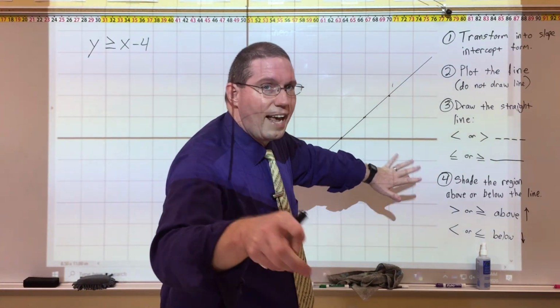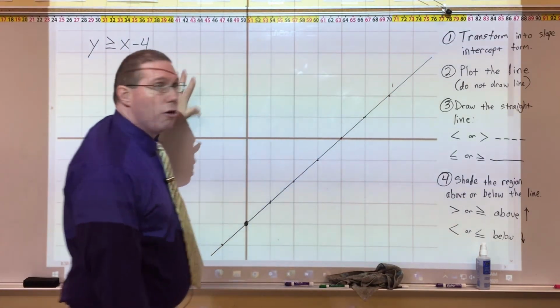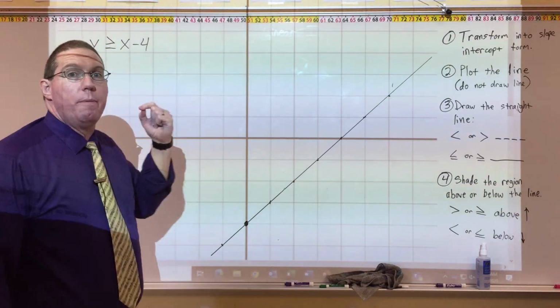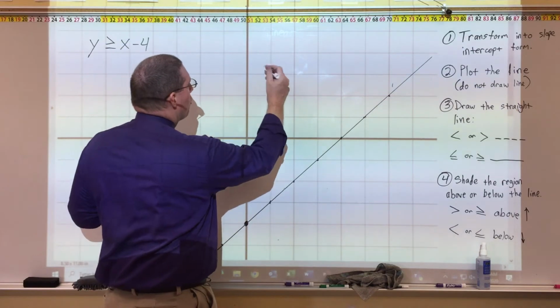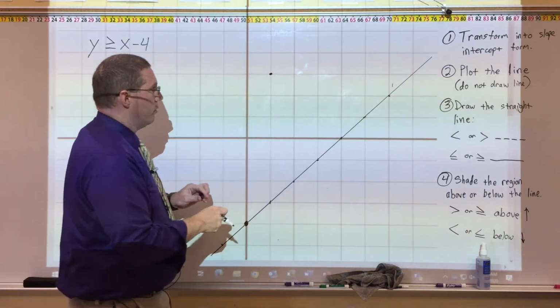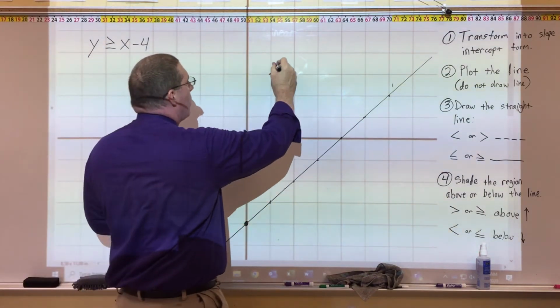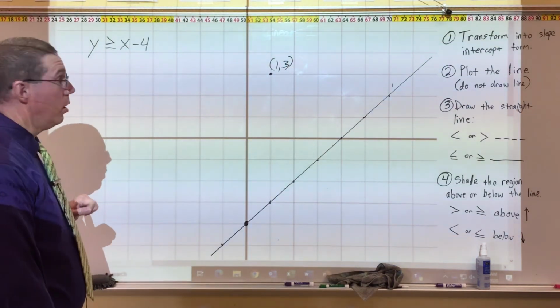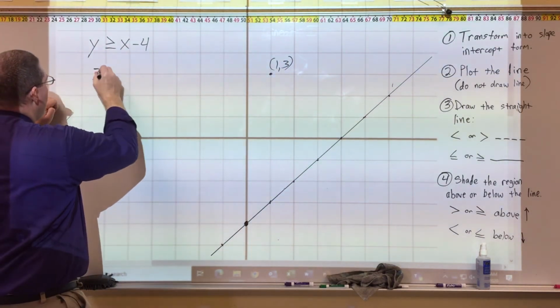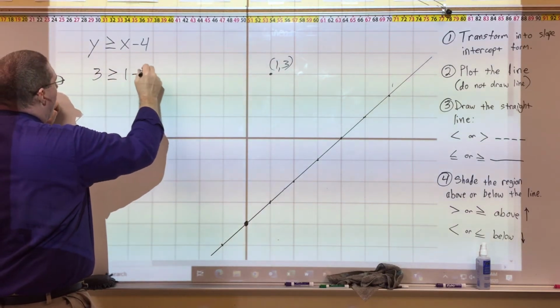So if you take any point up here and plug it in, it would make it true. For example, how about the point (1, 3)? It's in the solution region. If we put a 1 in for x and a 3 in for y, this should be true. 3 is greater than or equal to 1 minus 4.